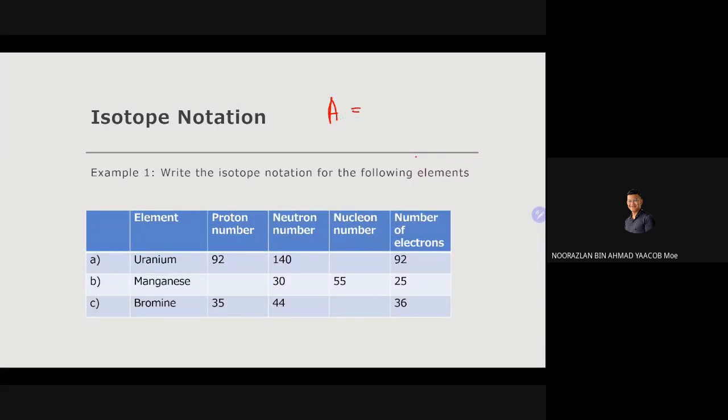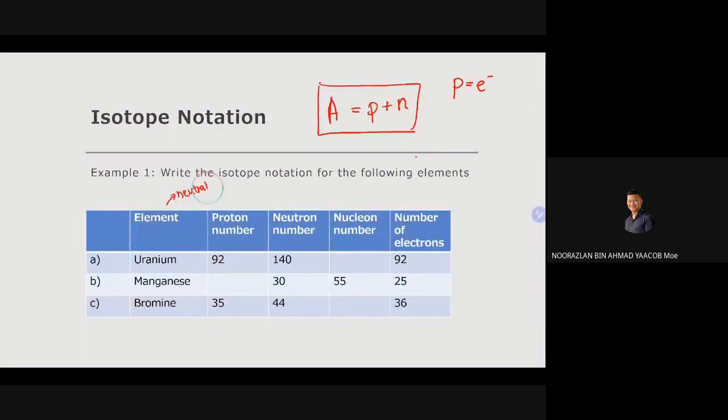Mass number ataupun nuclear number sama dengan number of proton plus number of neutron. Okay. And then for element, number of proton equals to number of electron. Bilangan proton dan elektron dia adalah sama untuk atom. Jadi these are all neutral elements.